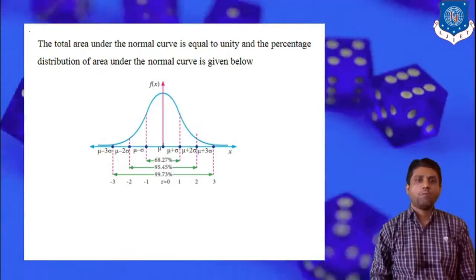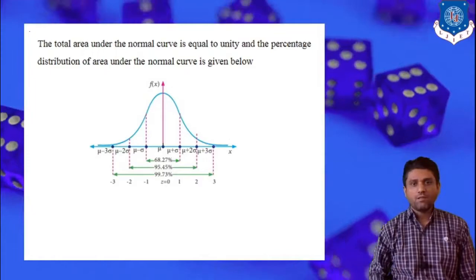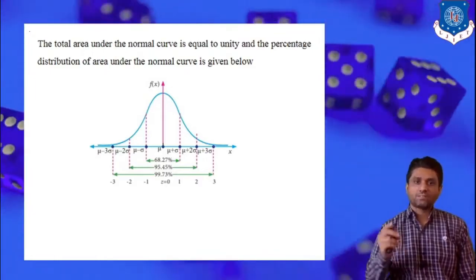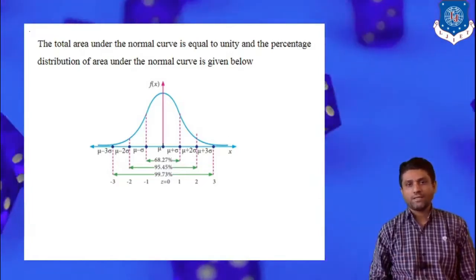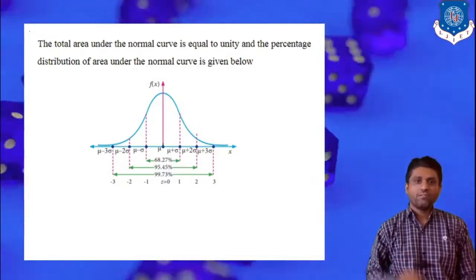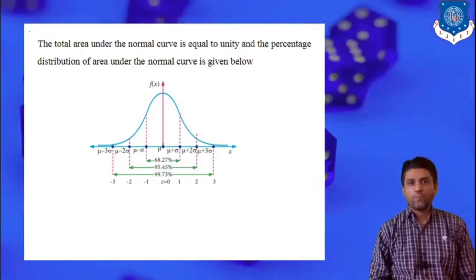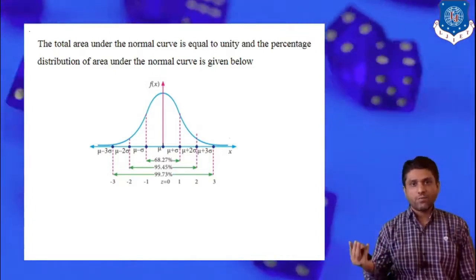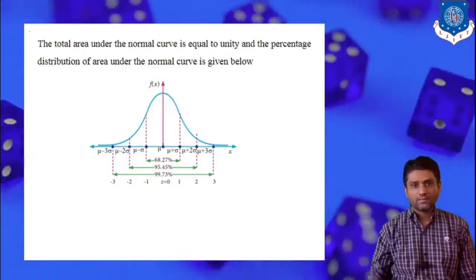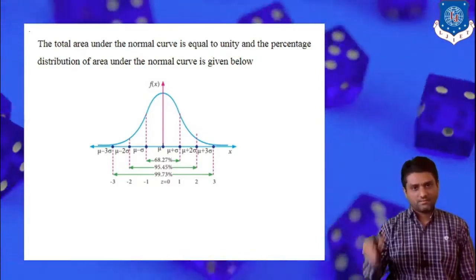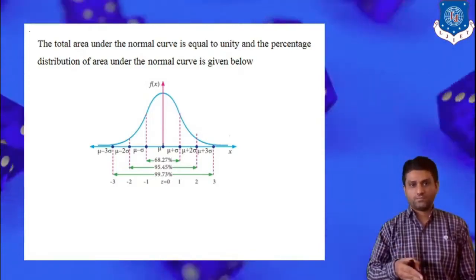But the problem arises when the value of x exceeds this interval, that is beyond the interval minus 3 to 3. For example, if we want to find the probability when x is greater than 4, when x is lying between 10 to 12, or when x is less than negative 5.